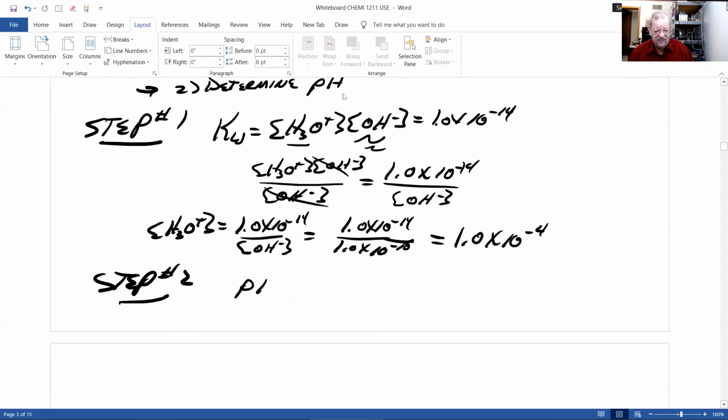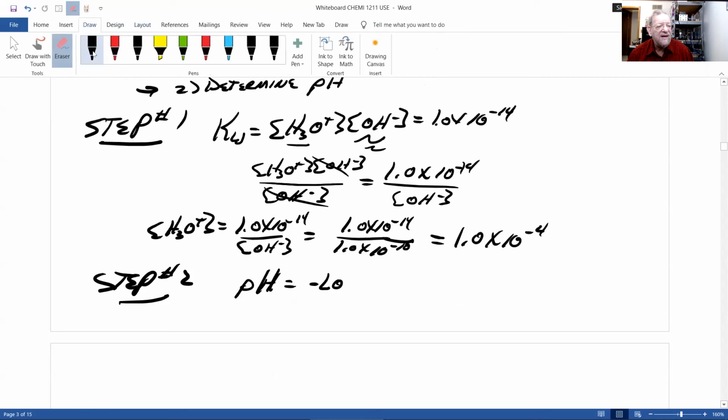And pH equals minus the log of the hydronium ion concentration, equals minus log.